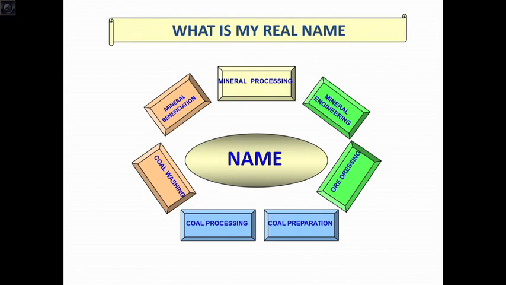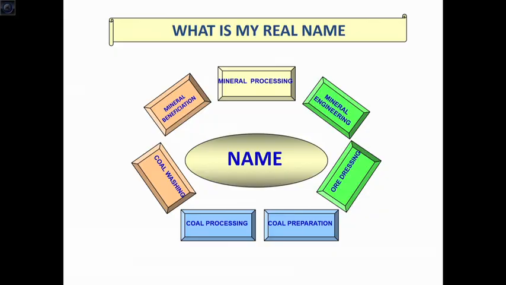When the processes we discuss in mineral processing are applied typically for coal upgradation, it is called coal washing, coal processing, or coal preparation. Although all these names bear certain differences, essentially the science and the processes remain almost identical. Only the application domains and emphases are different.